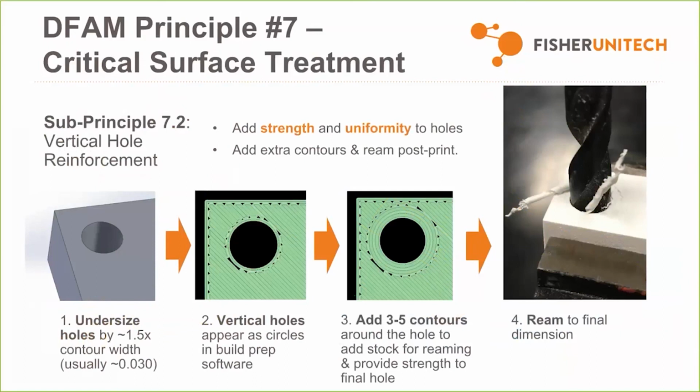So, for example, if you print a part that has very light, sparse interior, it's mostly air in there, if you only have 1 or 2 contours and you ream through those contours, you'll actually go right into the hollow air gaps inside the part, and you'll reduce the structural rigidity of the part significantly. So if you can use Insight software to modify those parameters and, again, create more contours around the part, so when you ream it, there's still plenty of solid plastic around that hole.